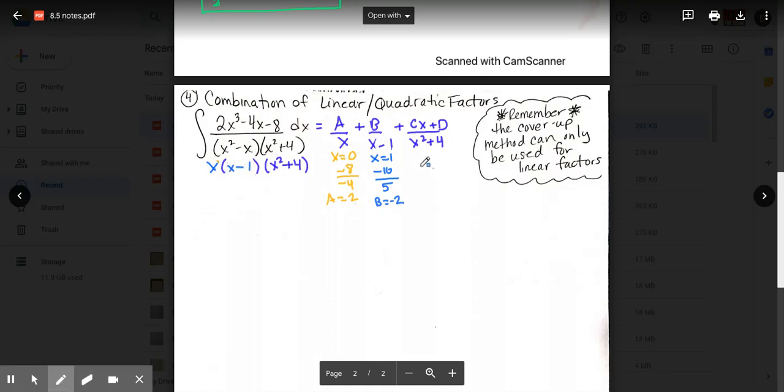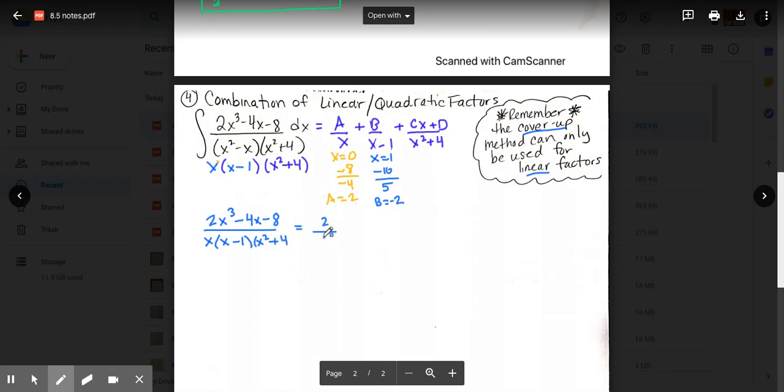All right, and this C and D I can't find this way because it's quadratic, and you're going to have to do some algebra to find C and D. You can only use the cover-up method for linear factors. So I'm going to set the inside of the integral on the left equal to what I have on the right.